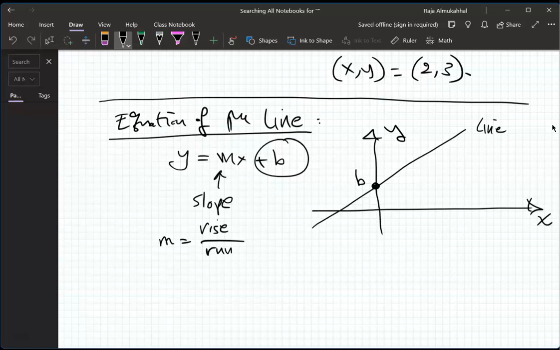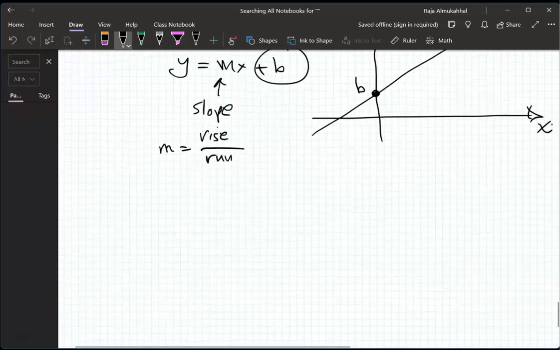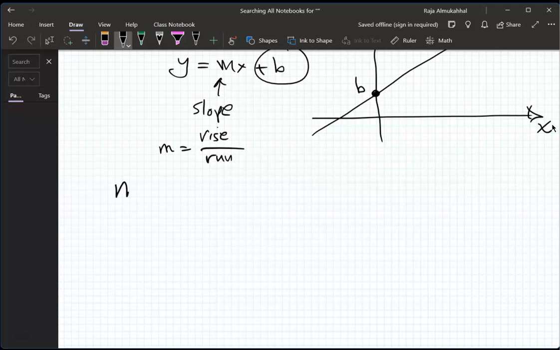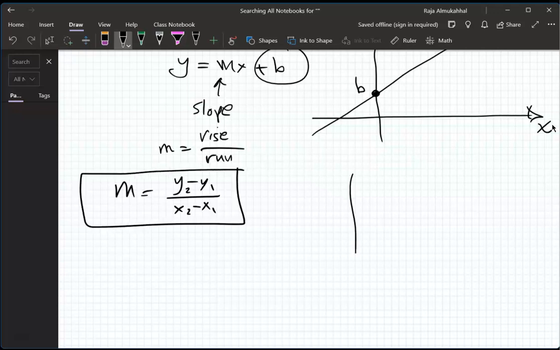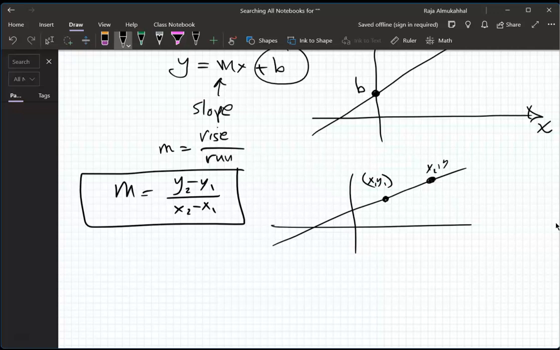So one way, let me just quickly brush up on this. We know that the slope is basically y2 minus y1 over x2 minus x1. What that means is that if I have a line like that and you are given, say, 2 points here, x1, y1, and this is x2, y2.